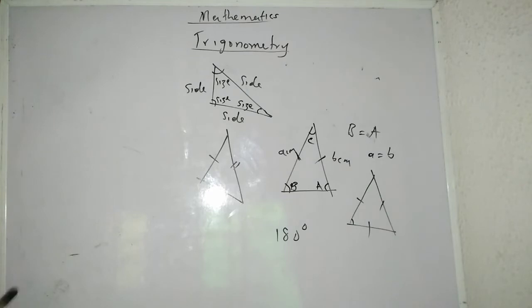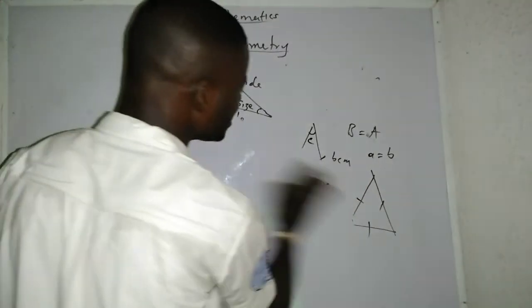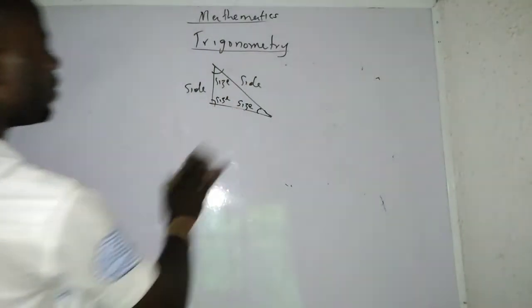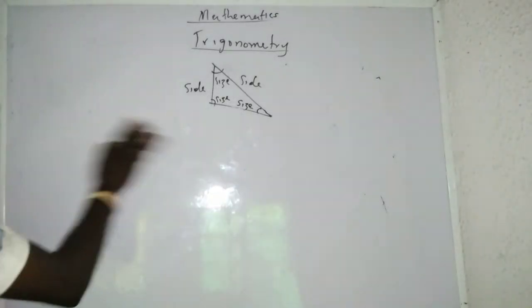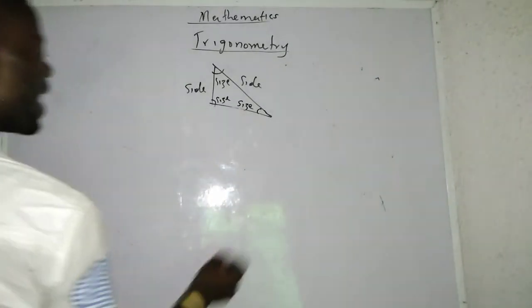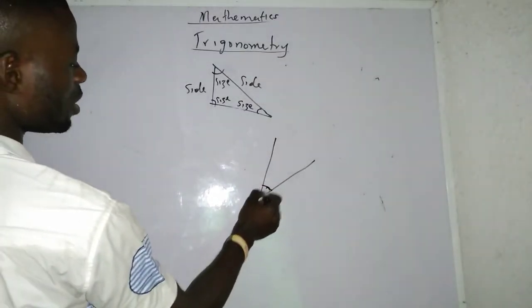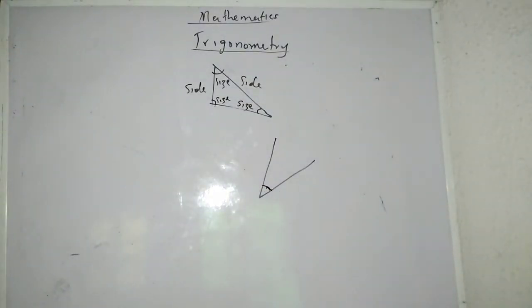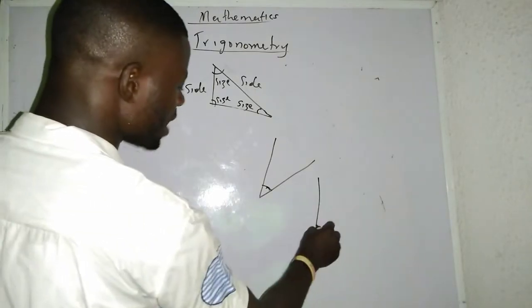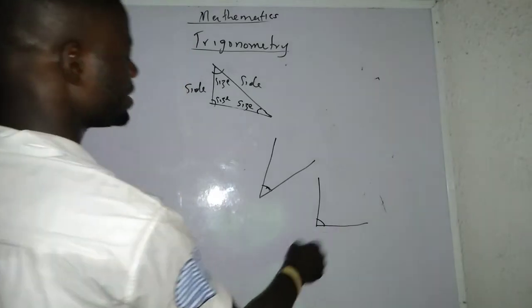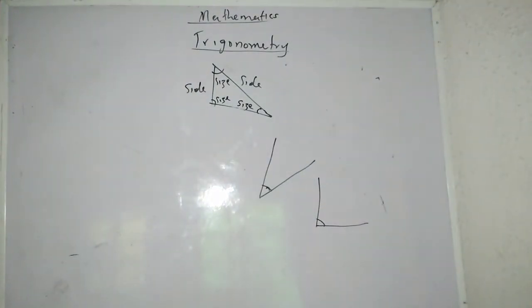Now, there are three types of angles also. The first one is known as acute angle. My acute angle is always less than 90. The next one is obtuse angle. My obtuse angle is always greater than 90.